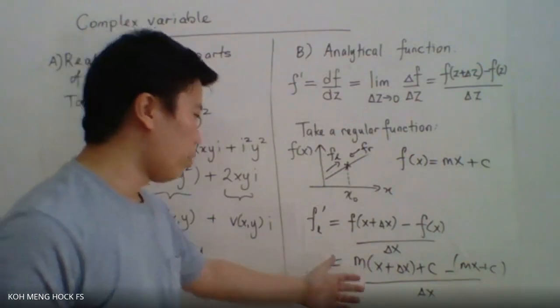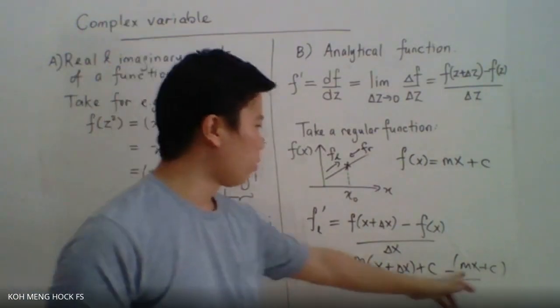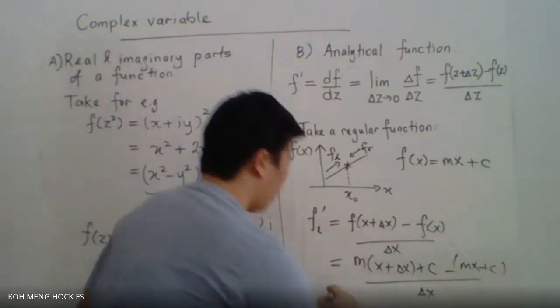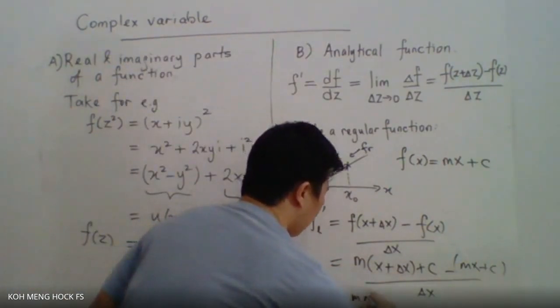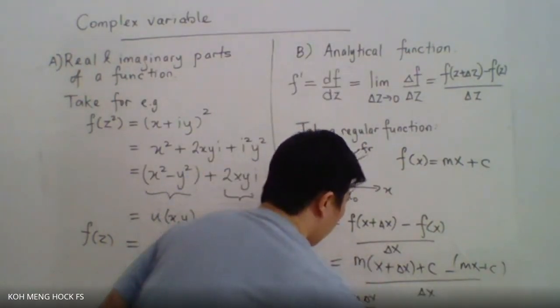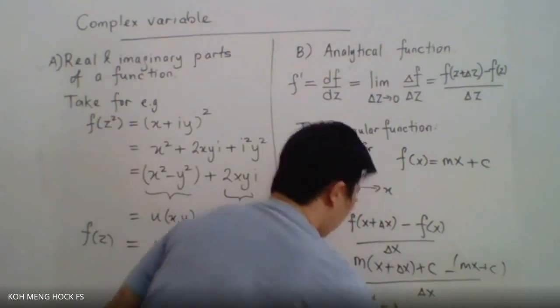Now you just have to expand, and you see mx minus mx is going to vanish, and you only have m delta x. So now you have m delta x over delta x, and this is equal to m.